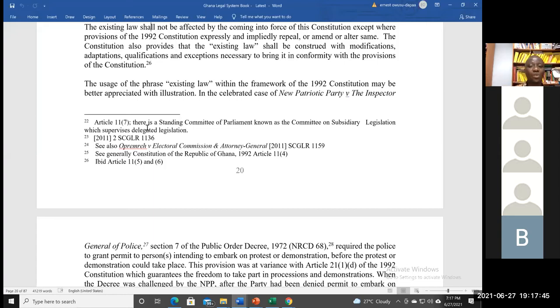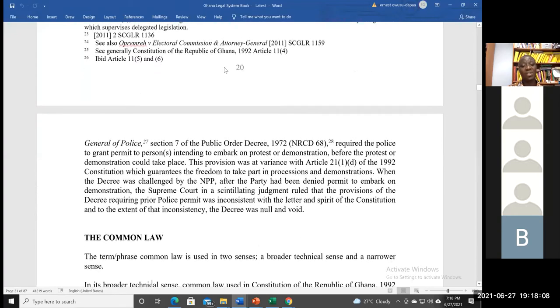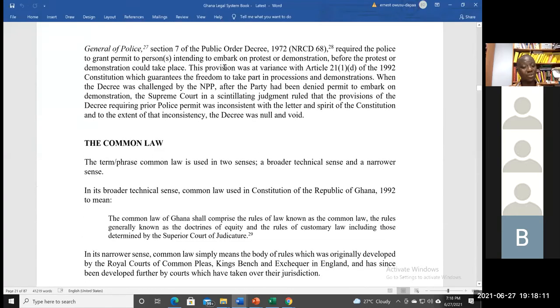And where that is not the case, then it will have to be interpreted or construed with the necessary modifications, adaptation, and qualifications so as to bring it in conformity with the 1992 Constitution. And that is why I mentioned the NPP against the IGP just as an illustration for us. So when you are done with that, you notice that you've covered reasonable grounds, and there's no way that you won't get the marks you're supposed to get.